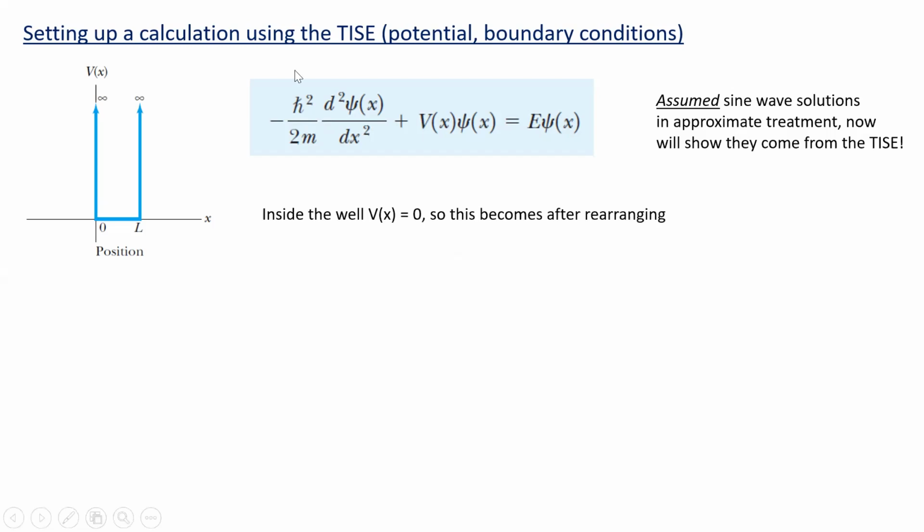Well, inside the well, V is equal to 0. So this equation simplifies. This term will disappear here.